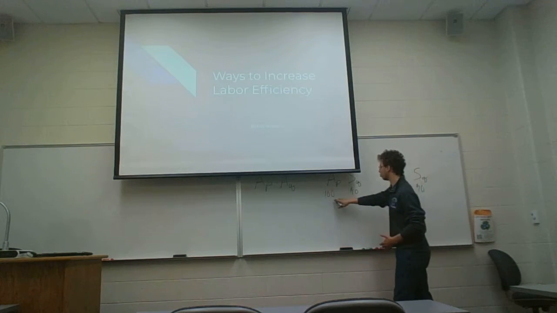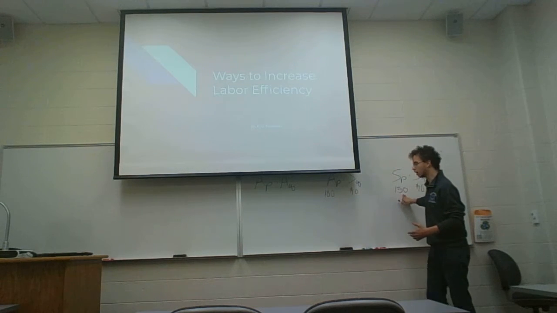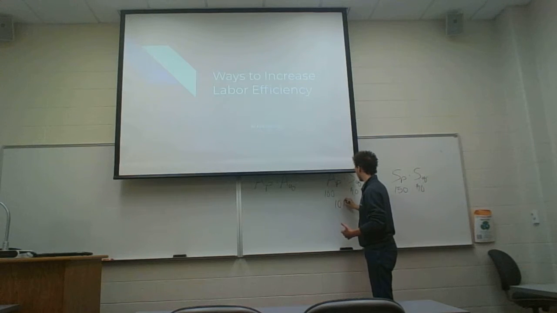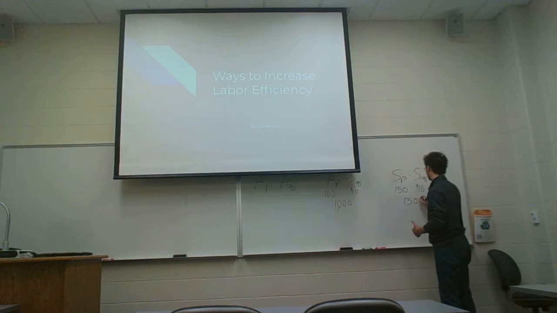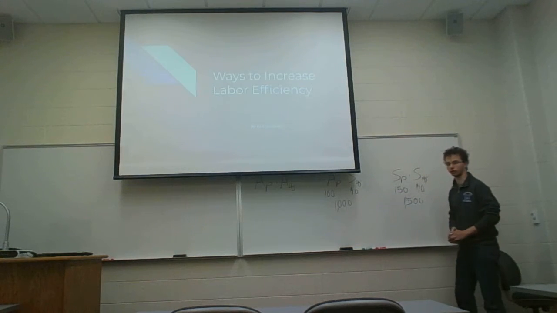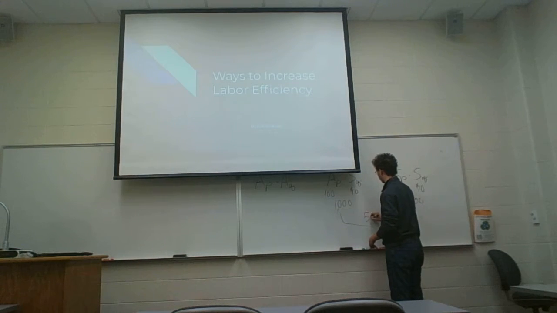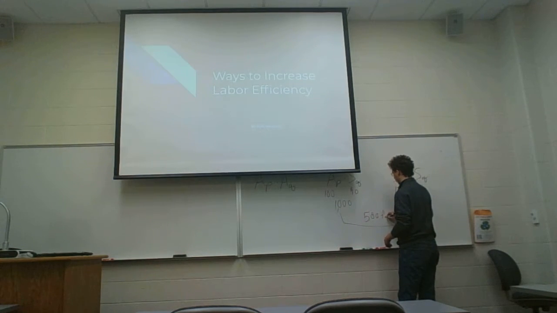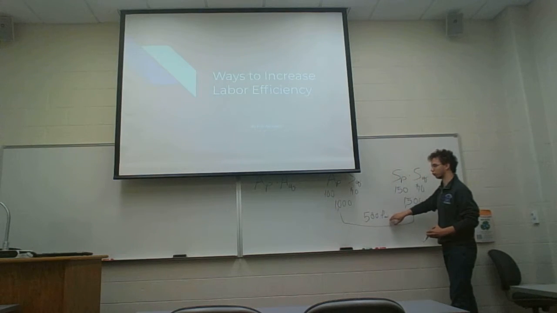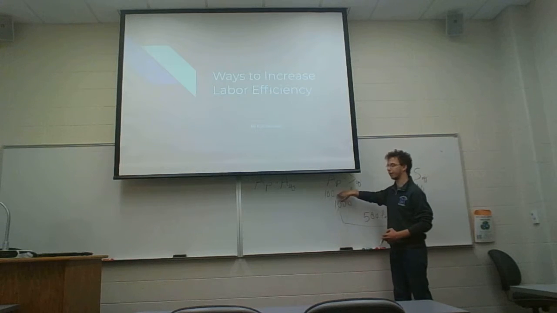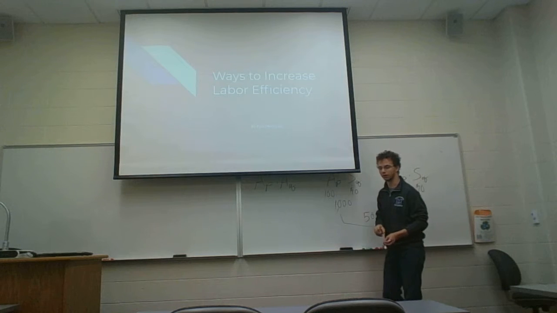The only thing that changed here is the AP and the SP. And so we can say we spent $1,000 over here, and we were budgeting to spend $1,500 over here. When we compare these, we have a $500 favorable variance, and we know that this $500 was specifically saved because it took 50 less hours to work. And it's this comparison that I'm going to be talking about today.